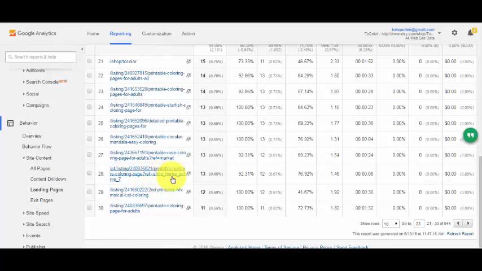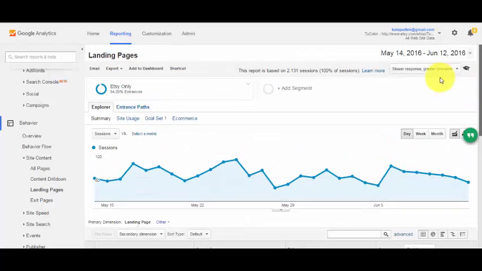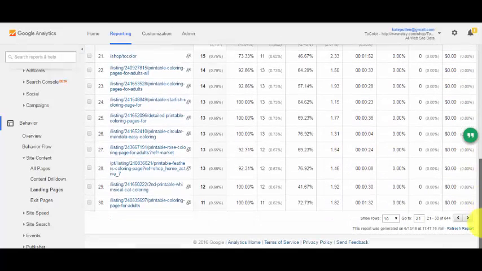So this was shop home active position 7. So that's a handy way of looking to see where your referrals came through actually within Etsy.